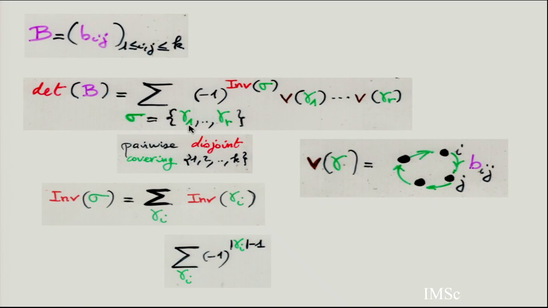Instead of writing it in the usual way, I write it as a cycle decomposition of the permutation. The weight of the cycle, as usual, is the product of the weights of the incidence matrix. The number of inversions of the permutation is the sum of the inversions of the cycles. And the sign of a cycle is minus 1 to the power the length of the cycle minus 1. And now the cycles are two by two disjoint, but they cover the whole graph.